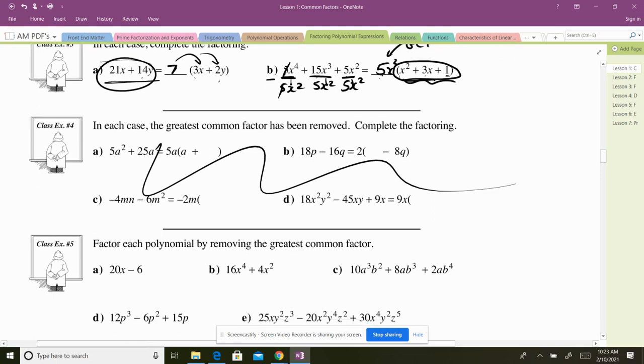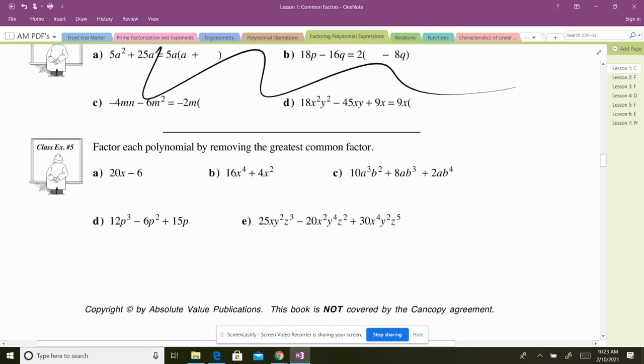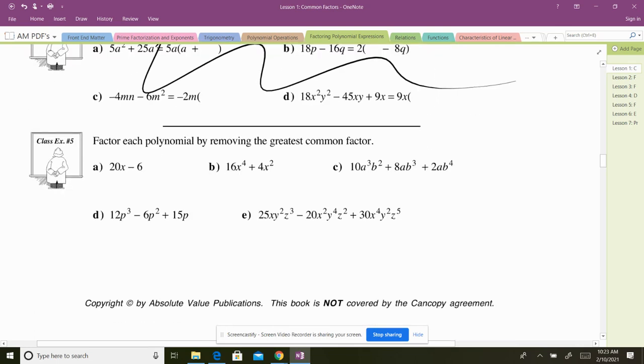I'll do those. Let's do these ones at the bottom here. So 20x minus 6. What is the largest number that is a common factor of 20 and 6? 2, right? So 2 goes on the outside. Are there variables in each term? No. So we can't pull out any variables. So we just put a bracket.